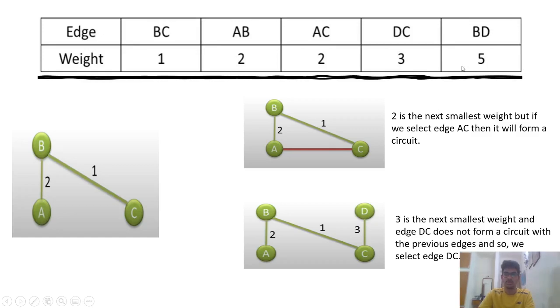And so our next smallest weight is the edge DC, and it does not form a circuit with the previous edges, so we select edge DC. DC has the next smallest weight, so we select the edge DC.